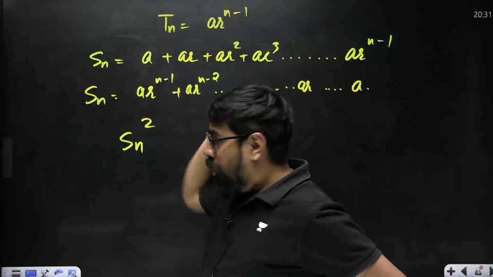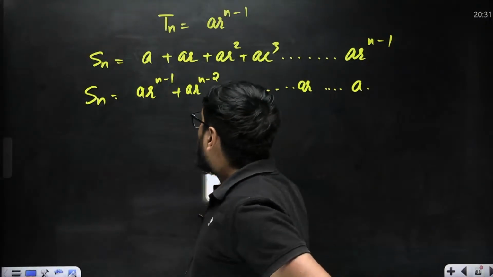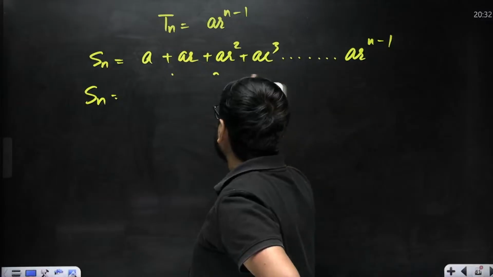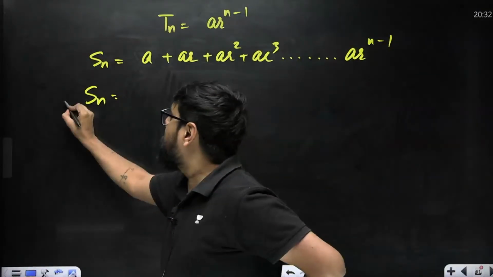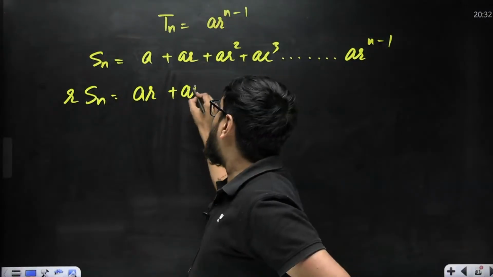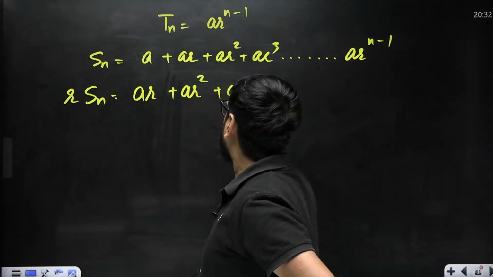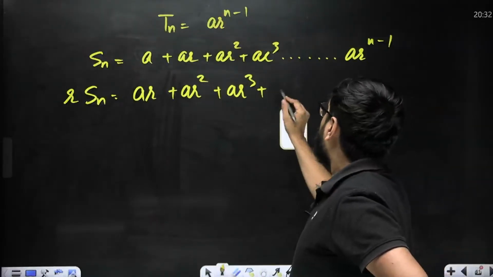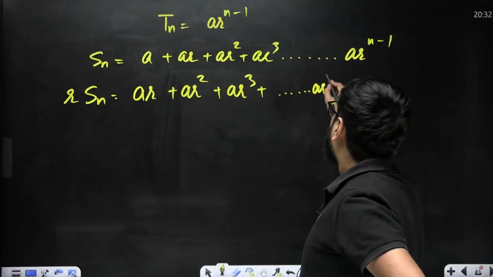Oh, no. What I'm going to do is multiply this series with R, both sides. So here I'm going to get AR plus AR square plus AR cube plus AR to the power 4, till AR to the power n minus 2.